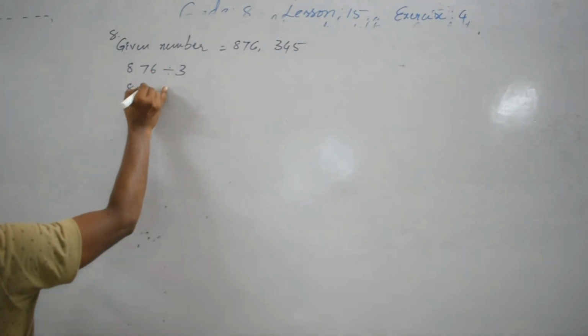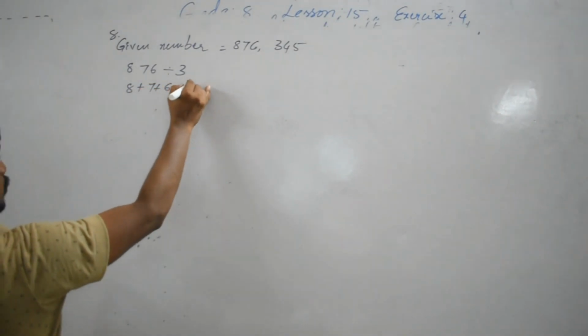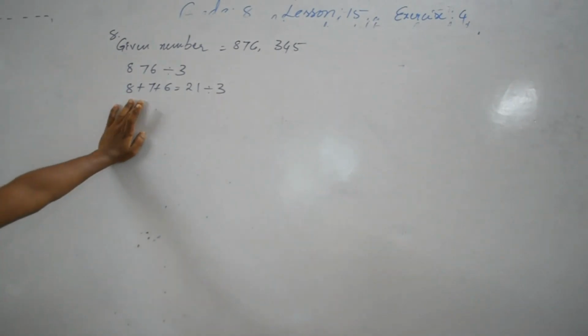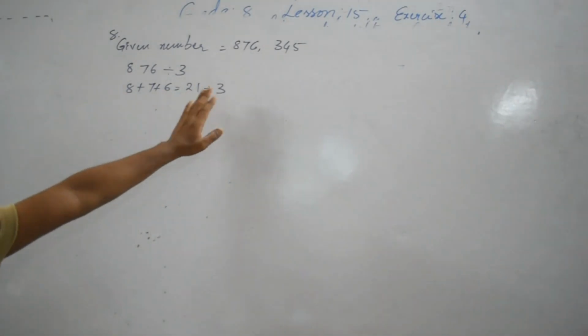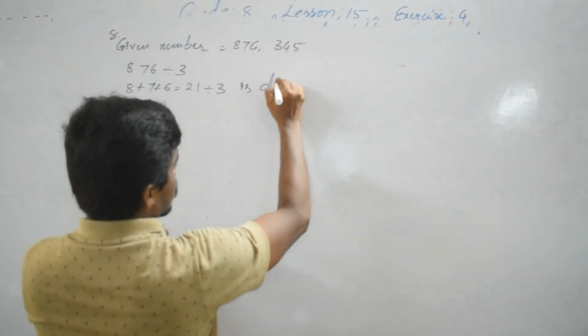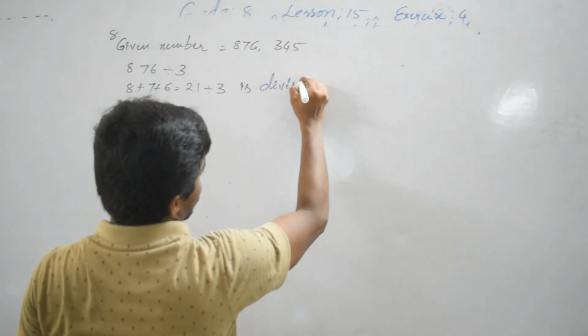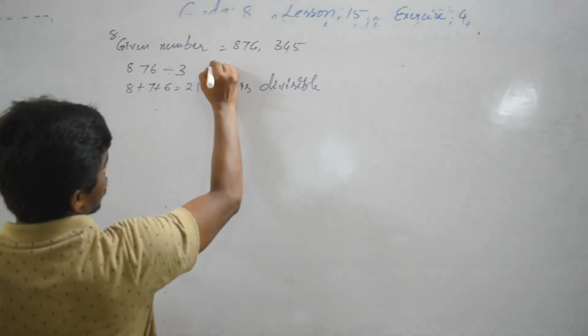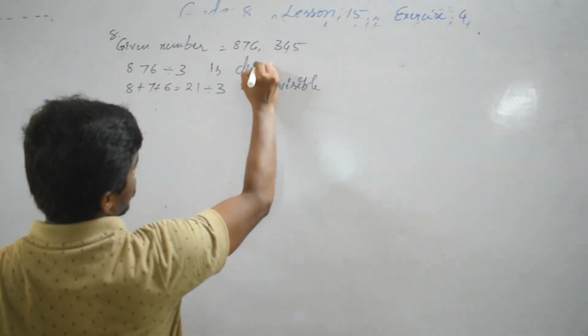So 8 plus 7 plus 6: 8 plus 7 is 15, 15 plus 6 is 21. 21 divided by 3 is divisible. So here 876 is divisible.